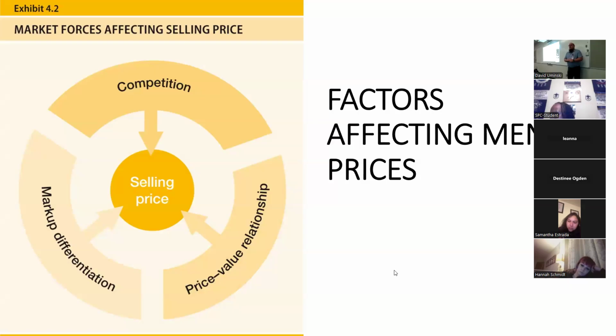We also want to look at this price value relationship. How many of you have ever been to a restaurant where you left after you ate and you're like, wow, that was not worth the price that I paid for that meal? It was way too expensive. That's the price value relationship. Do our guests assign a value to the price at which they're paying?